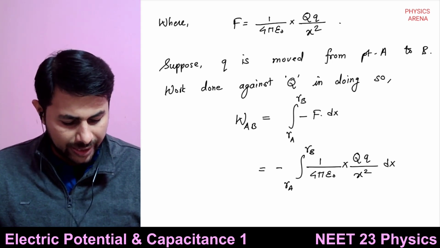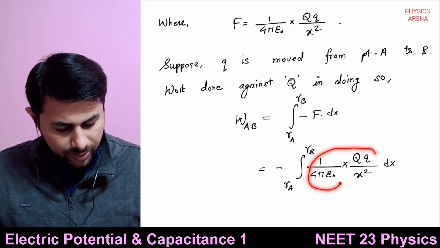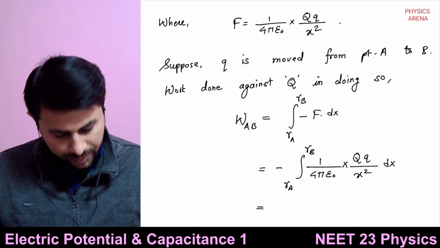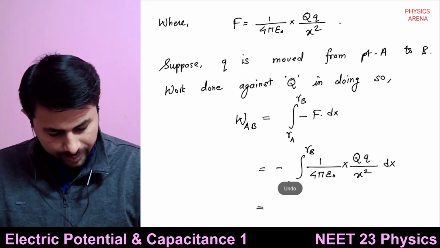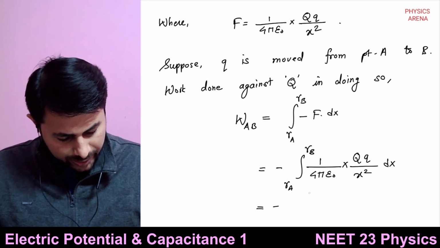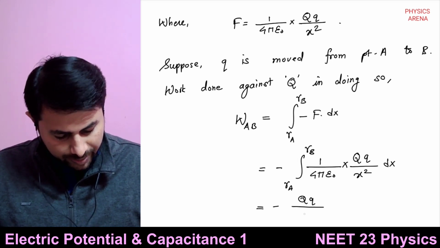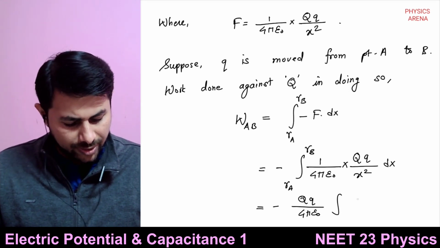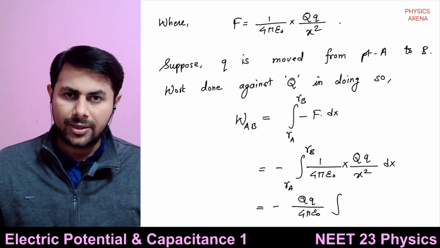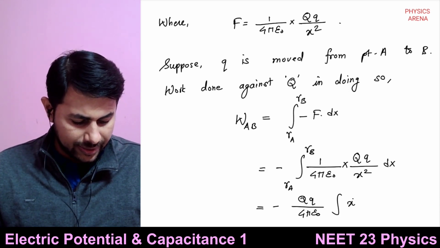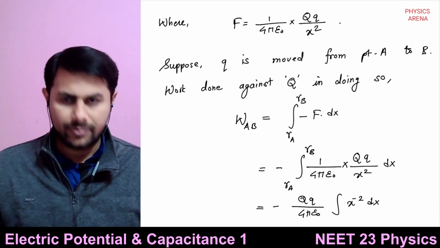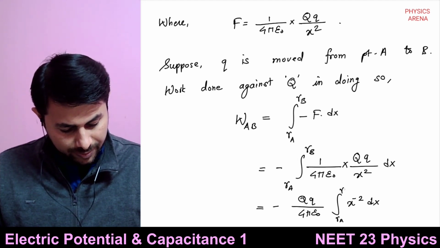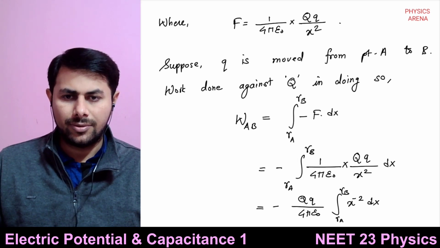Then we can take this 1 upon 4 pi epsilon naught Q times q outside. So we get minus of Q times q divided by 4 pi epsilon naught multiplied by the integral of 1 upon x square dx, or I can write it as x raised to minus 2 dx, integral of this thing from R_A to R_B.